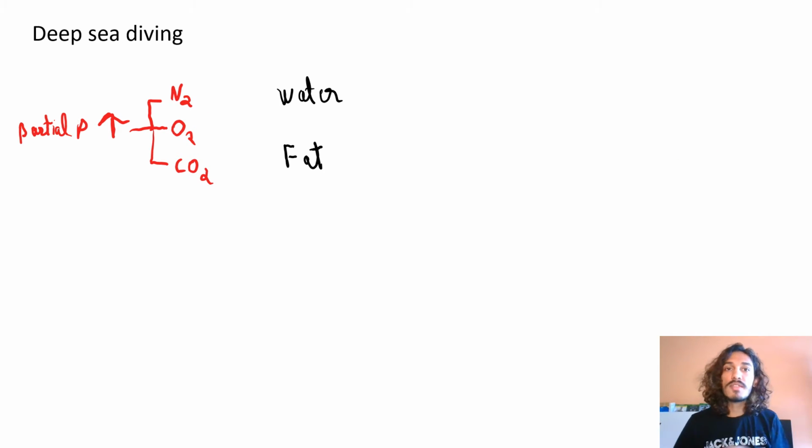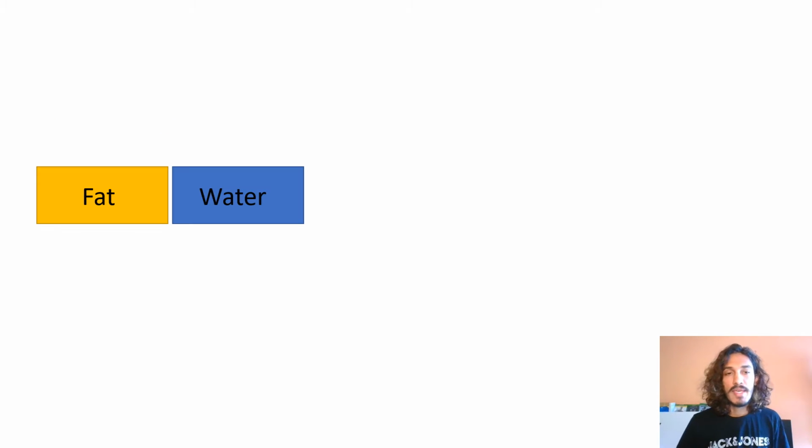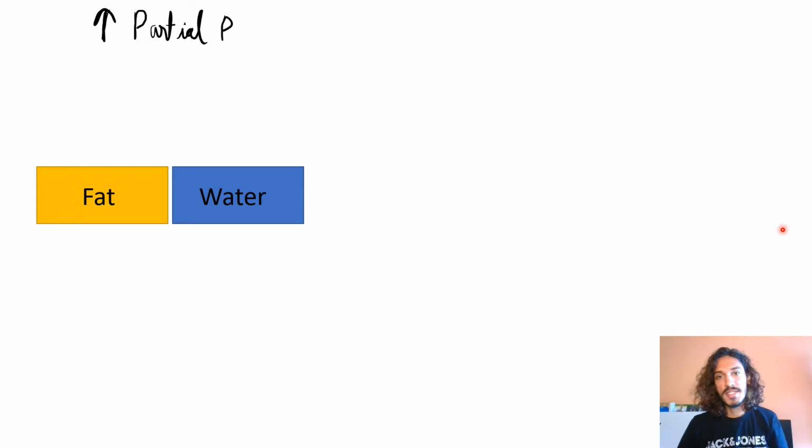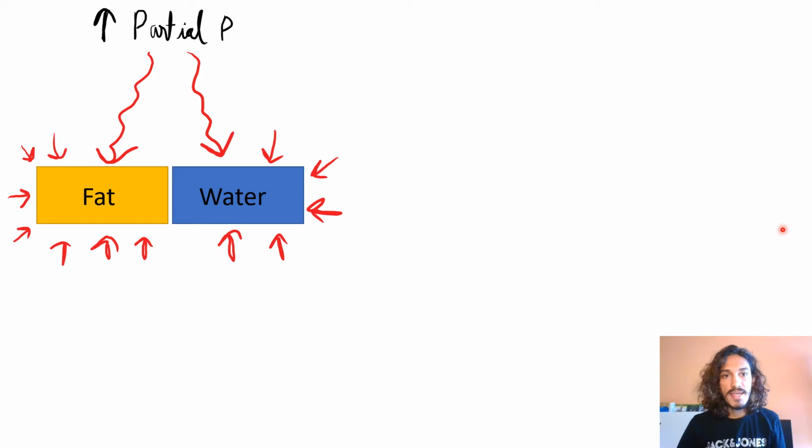Because of that, at high partial pressure, these gases get dissolved and solubilized in the water in your body as well as the fat. So we have your fat and we have the water. At high pressure, once the person goes down, it goes inside, and because they continue to remain in this high pressure, it's not going out.